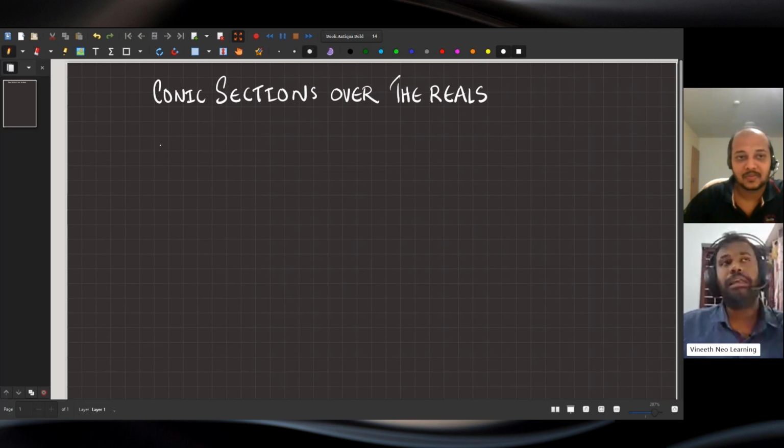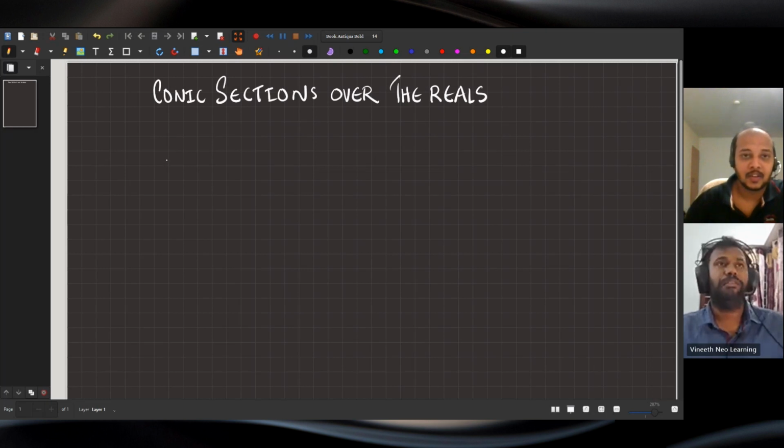What are the conic sections, Joe? As you said earlier, when we use a plane to cut a cone, we get certain shapes like the ellipse, the hyperbola.